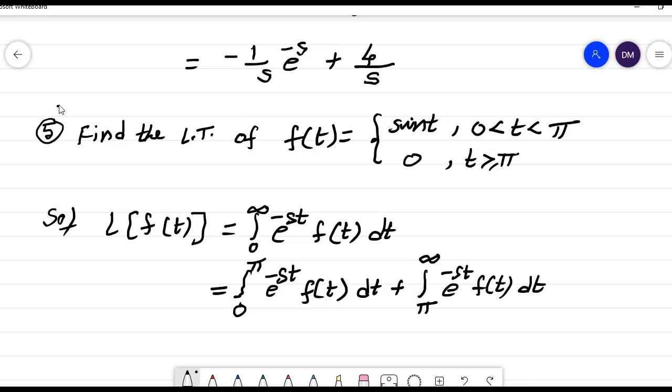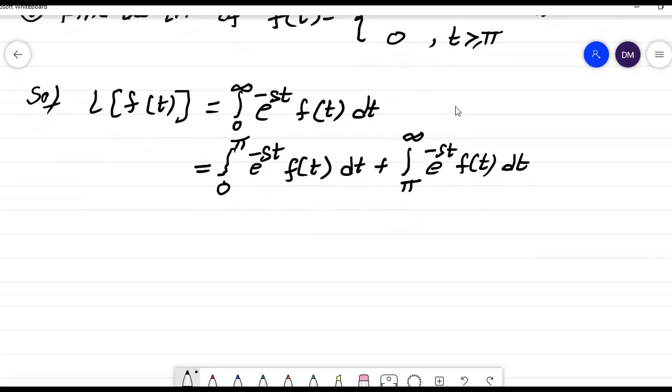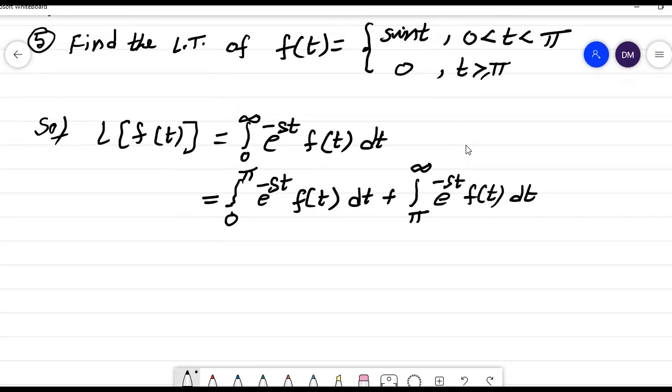Now what is the next step? This is equal to the integral from 0 to pi of e power minus st times f of t. What is f of t in the interval 0 to pi?